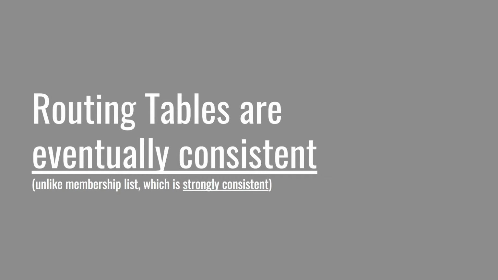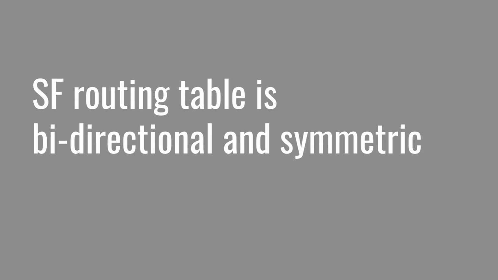At first glance, this system is very similar to the Chord distributed hash table. Just like Chord, routing tables are eventually consistent. However, there are a few key differences. The first difference is that Service Fabric routing table entries are bidirectional and symmetric, whereas Chord is not.